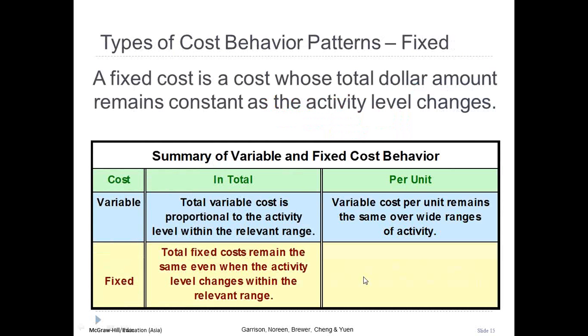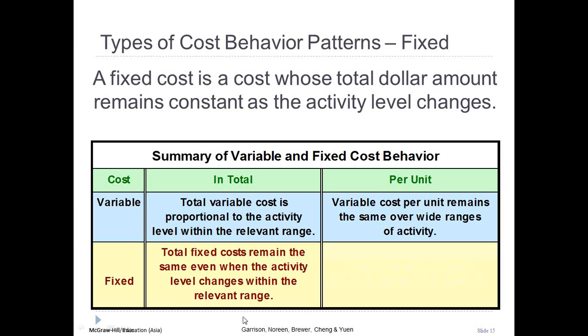Moving on, let's talk about fixed costs. This is the second major category. In our chart, which we now have showing variable and fixed, the total fixed costs tend to remain the same even when the activity level changes within the relevant range. So again, we're using a couple of important terms, the relevant range.